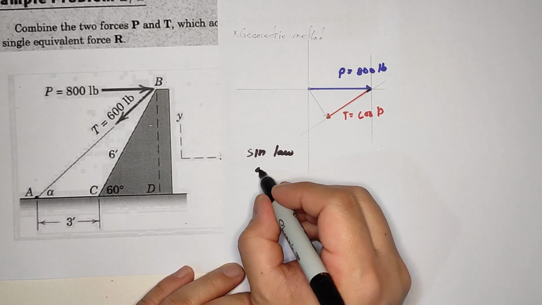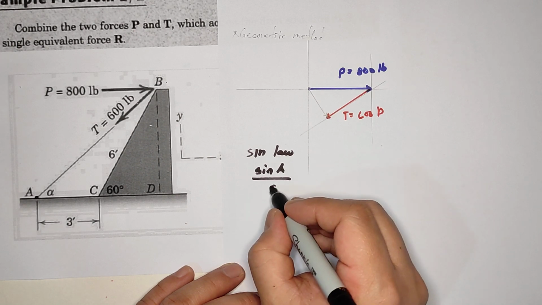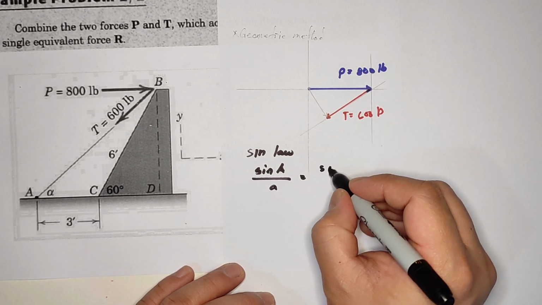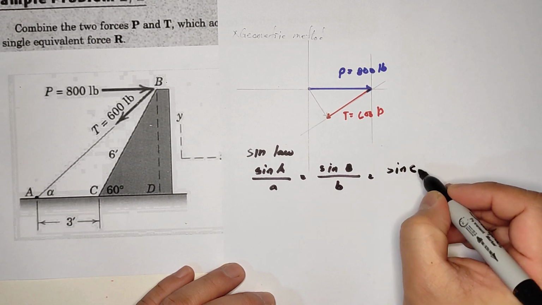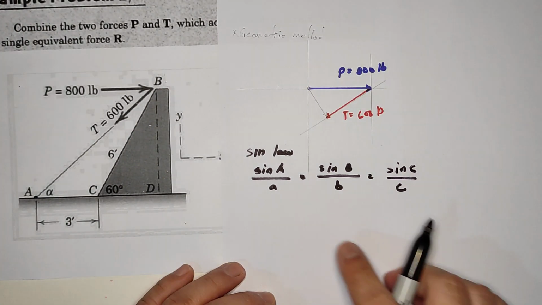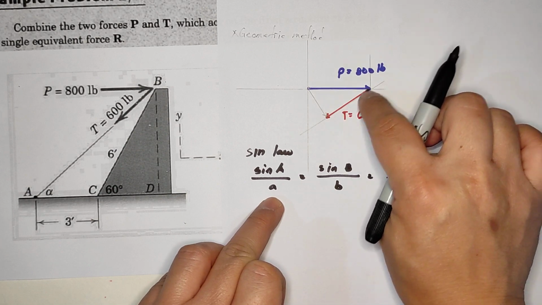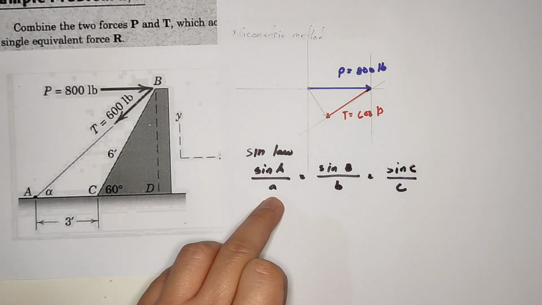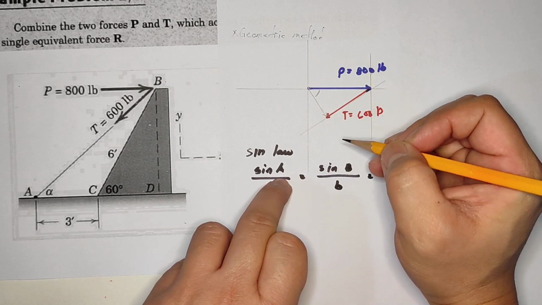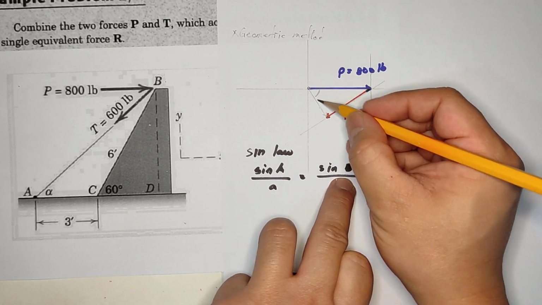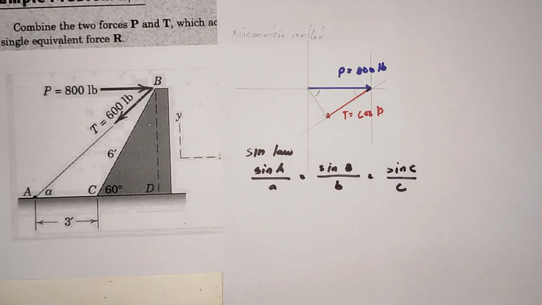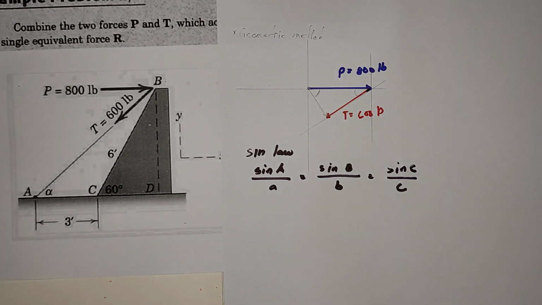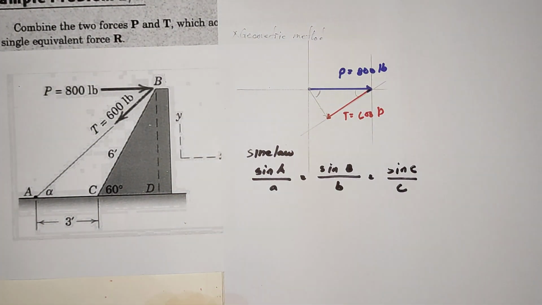What is sine law? That is sine A over A, sine B over B, then sine C over C. So if this is side A, this is my sine A. If this is side B, this is my sine B. You have also the cosine law.